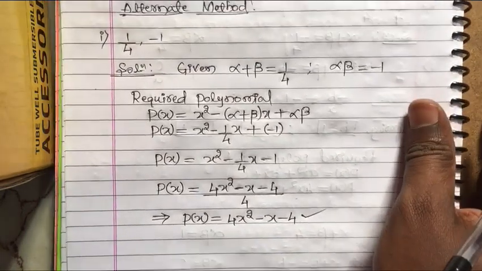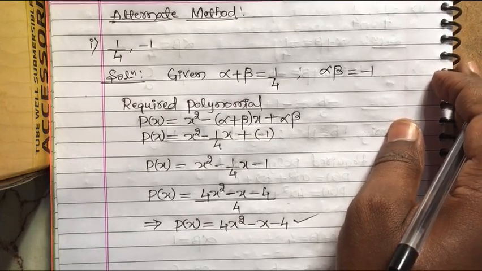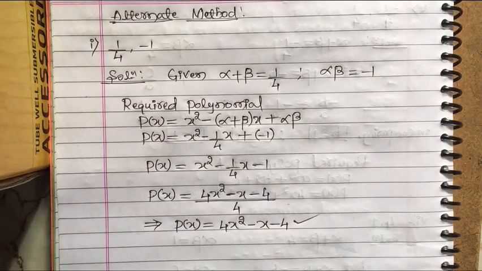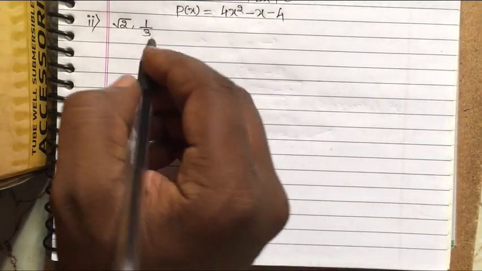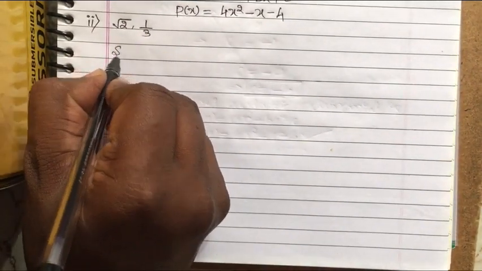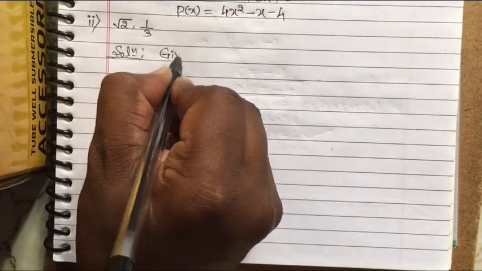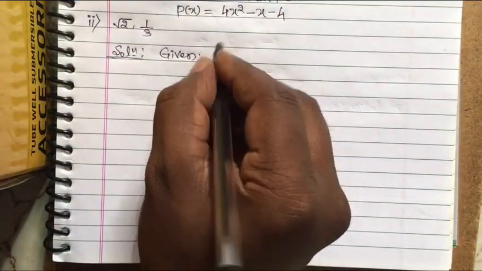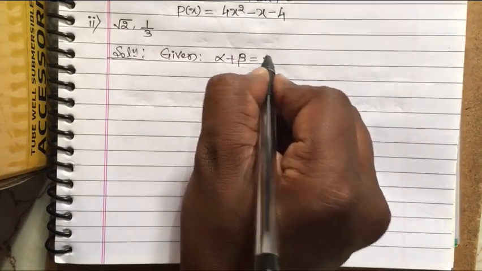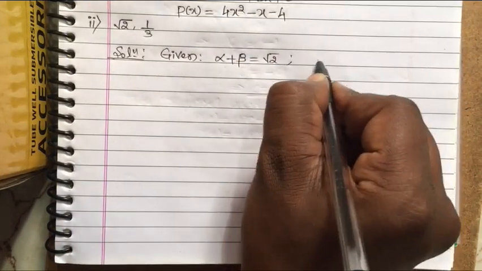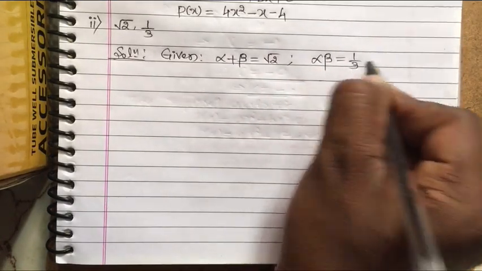So this is the other method of solving when the sum of zeros and product of zeros are given. Well, the second sub question is root 2 comma 1 by 3. So here given alpha plus beta is equal to root 2, then alpha into beta is equal to 1 by 3.